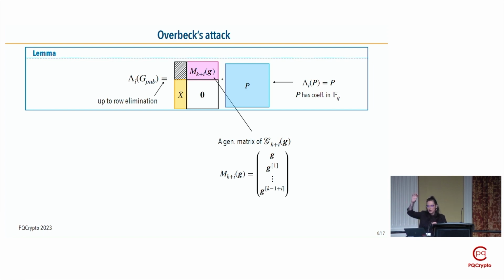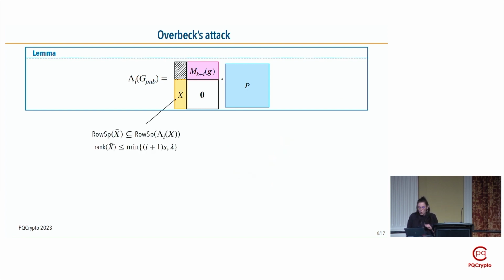The first block, in pink, is related to the Gabidulin secret code, the code obtained by applying the Q-sum operator to the Gabidulin secret code, and a matrix in yellow, X bar. We know that the rank of this matrix is bounded by lambda, the number of columns of our distortion matrix.